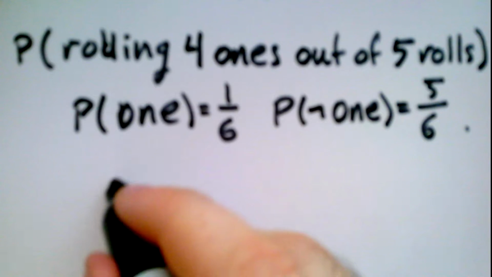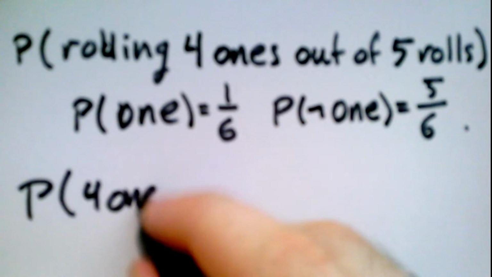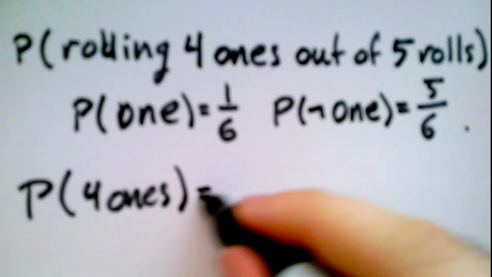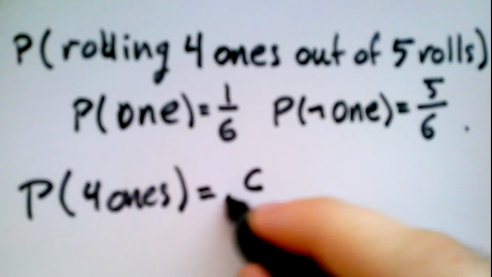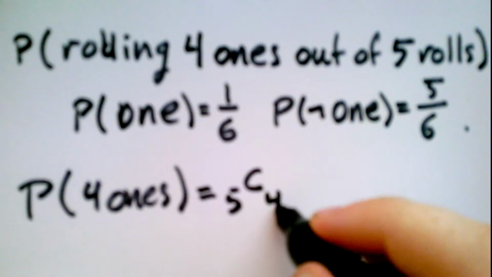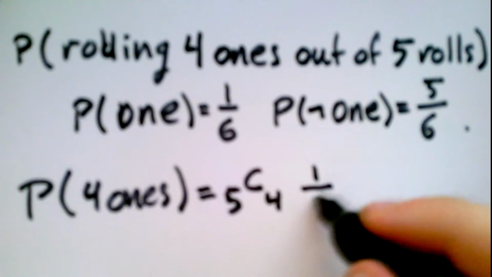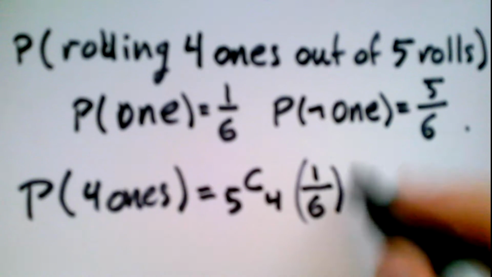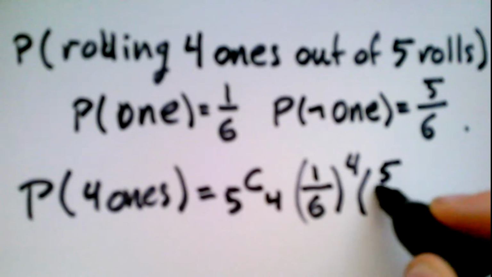We're going to be rolling, so here's the probability of 4 ones. The probability of rolling 4 ones is going to be 5 choose 4 times, we want to have success 4 times, and we're allowed to have 1 failure.